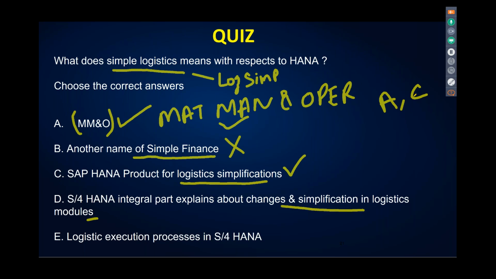Fourth option is S/4HANA integral part explaining changes and simplification in logistics module. Sorry, this is not a correct option. C is not a correct option because it says SAP HANA product.